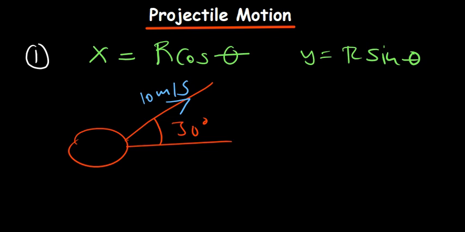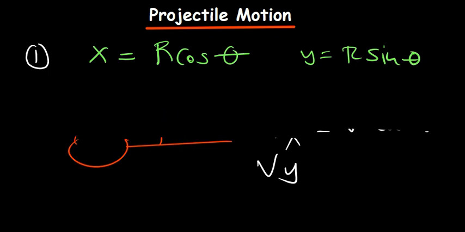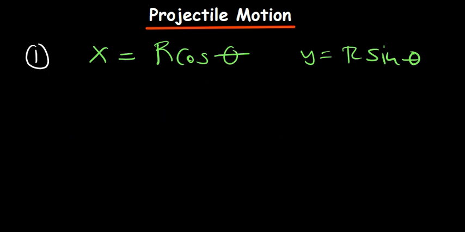To find the velocity in the x direction, you'd use that 10 meters per second, we can call it v, times cosine of the angle 30. The same applies to the y. So this is why it's important to understand the vectors. That's the first thing you need to know. Very useful, very applicable, because the velocity in the x and the y are different.